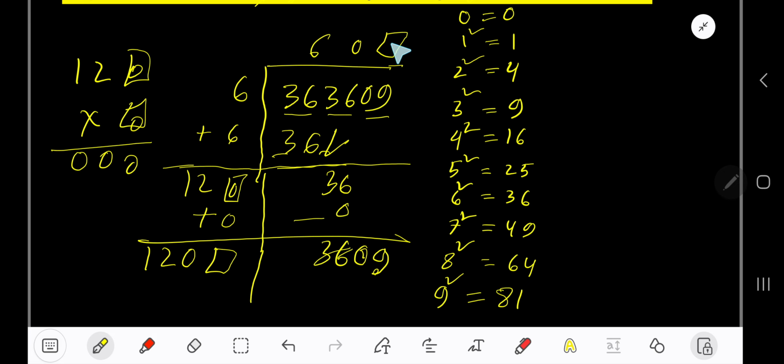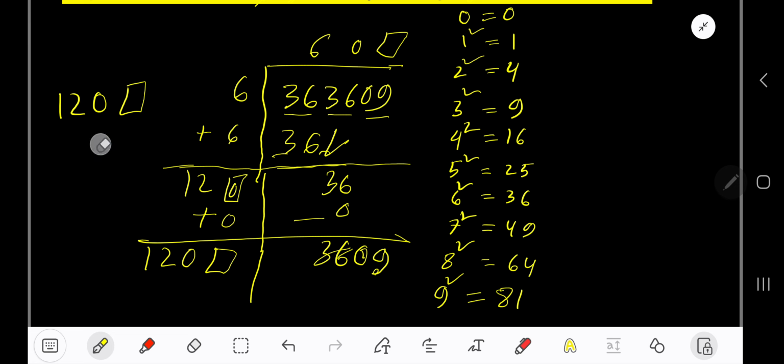And if you multiply this times this, that will be equal to 3,609. So what will that be? Look, 120 and here this. If you place 3 and check.